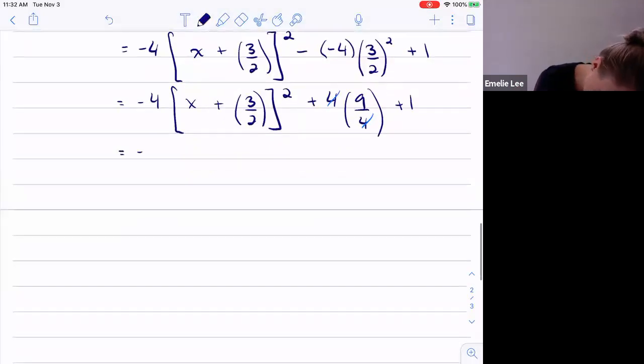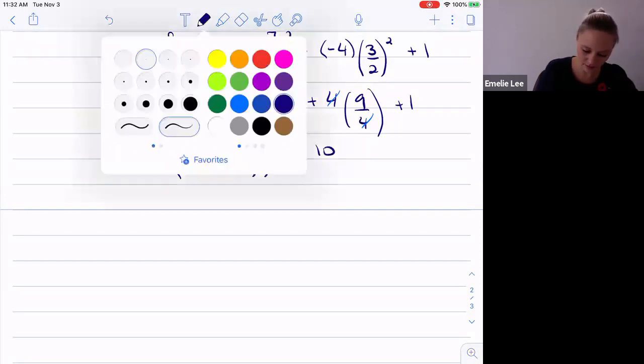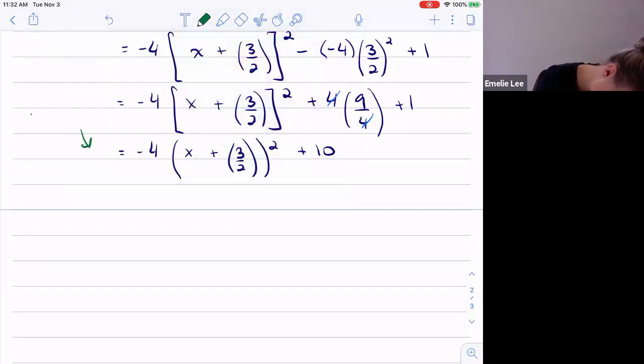So this becomes negative 4 times x plus 3 over 2 squared plus 10. Here, this is in standard form.